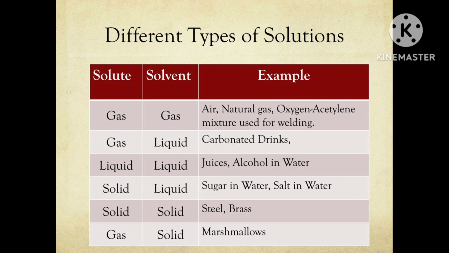And third, if a solid is present in gas, for example camphor in nitrogen gas. Camphor is solid and nitrogen is gas, and this is also called a gaseous solution. If gas is more and other things are less, then it is called a gaseous solution.